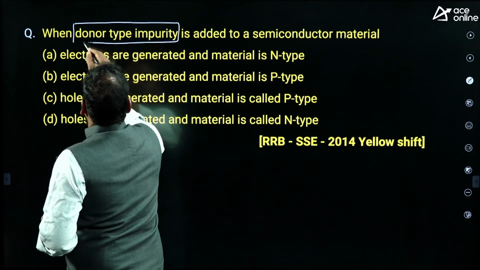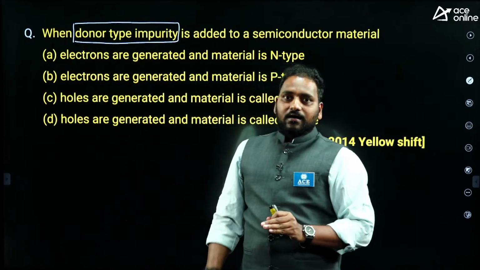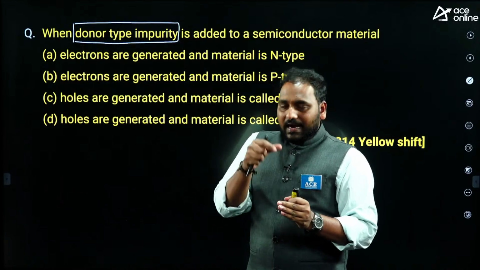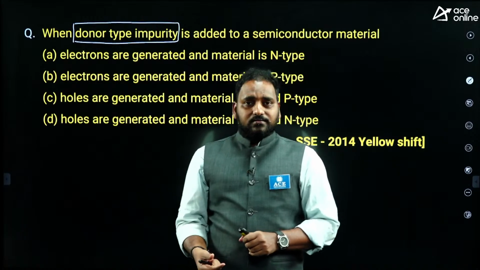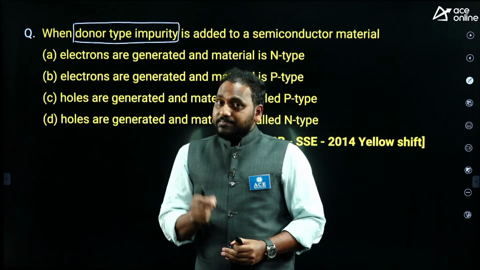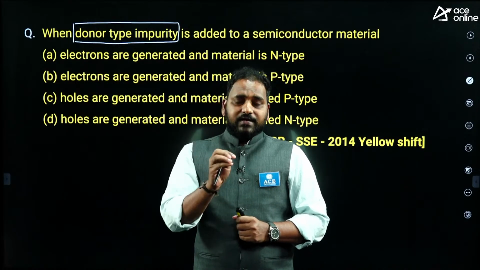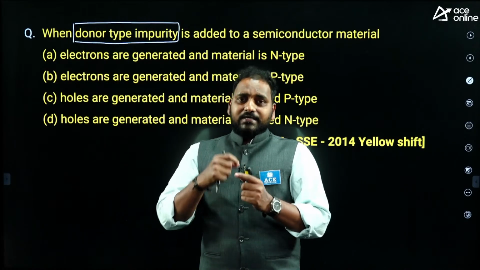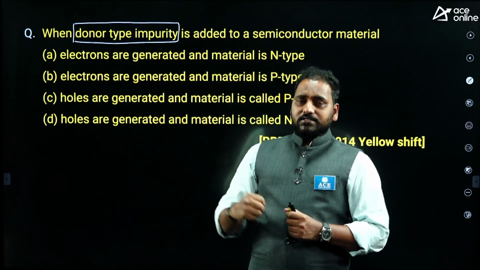We don't have a donor type impurity as such, we can have trivalent and pentavalent. After adding them, that atom becomes an ion. It may be a positive ion or negative ion, donor ion or acceptor ion. If you dope with a fifth group element, for example, it has one excess electron.